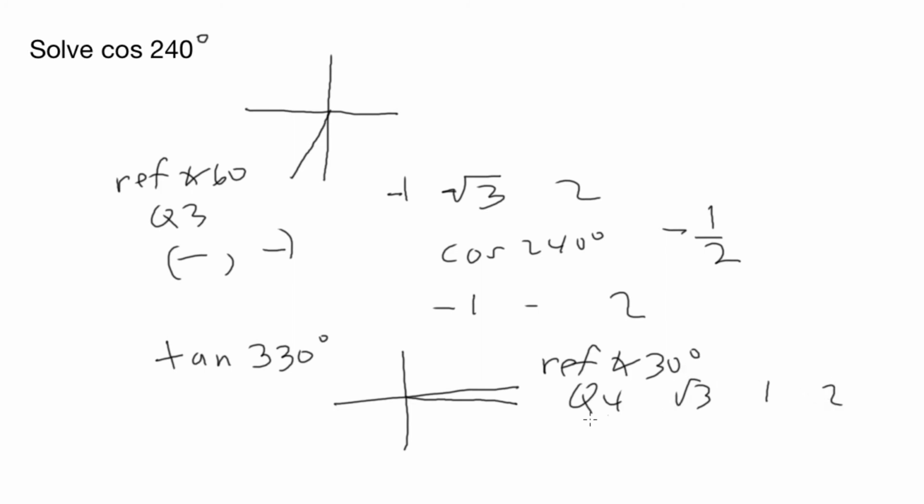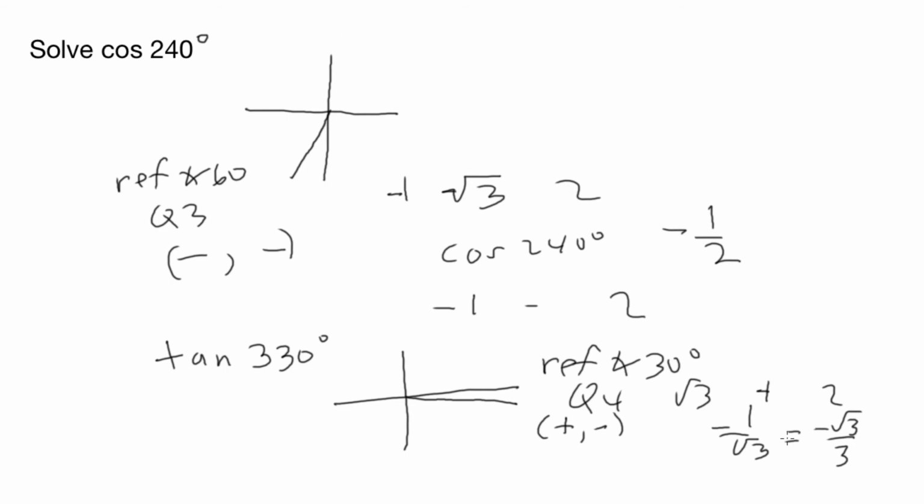Quadrant 4 simply tells you x is going to be positive, y is going to be negative, and we've got it already. And the tangent is negative 1 over radical 3, and if you wish, you can make it negative radical 3 over 3. And that's basically how you do these rapid ones where you have reference angles. It doesn't always work out that way, but if you can use it, great.